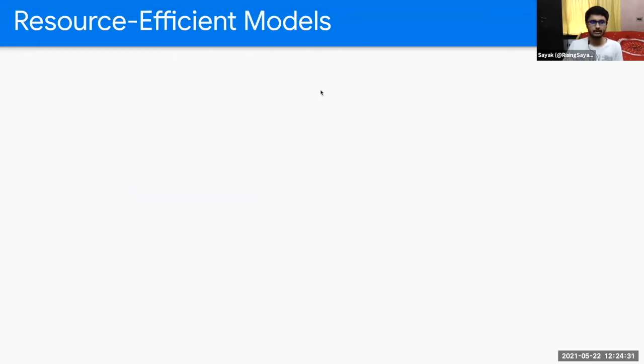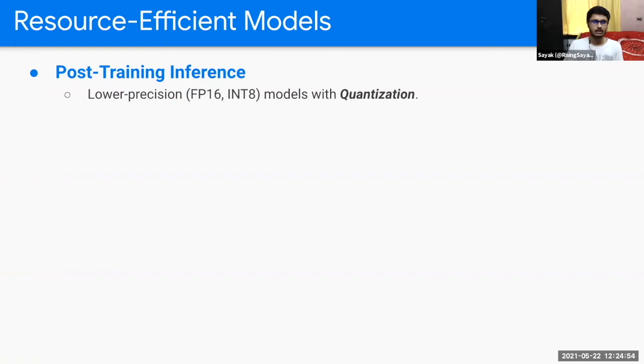So proceeding forward, the next topic in resource efficient model training is post training inference, where you already have a trained model. Now you want to further optimize it to get as minimum inference latency as possible, and at the same time you would also like to ensure the original performance is retained as much as possible.